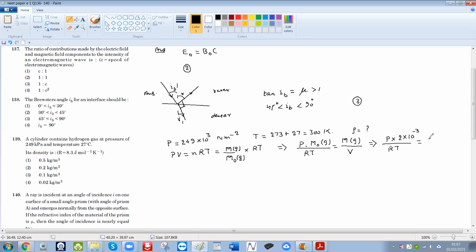And that should give me density in kg per meter cube. When you put in the values and simplify, you will easily be able to arrive at second as the correct option. So answer comes out to be 0.2 kg per meter cube.